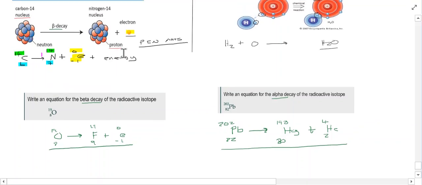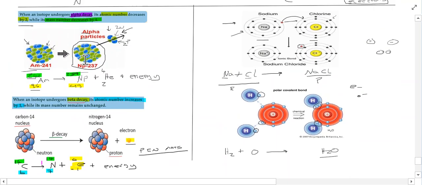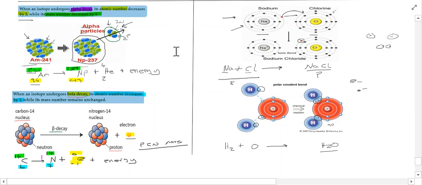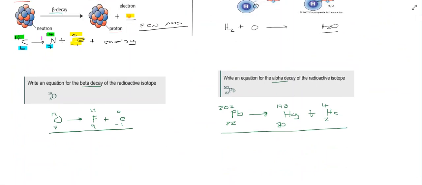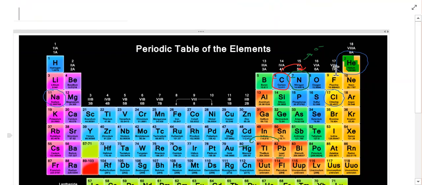If we have a look here, this is alpha decay, and this is your alpha particle. It's essentially just 2 protons attached to 2 neutrons. If we think about what atom has 2 protons, on the periodic table it's helium.